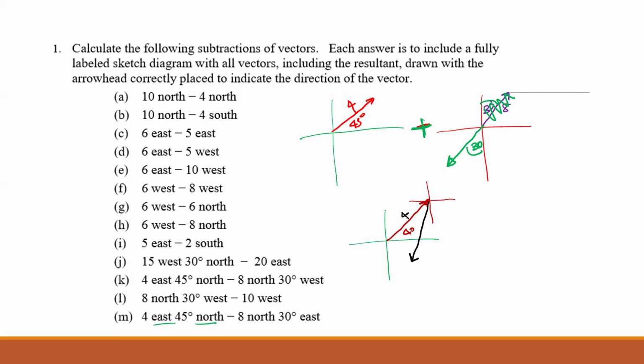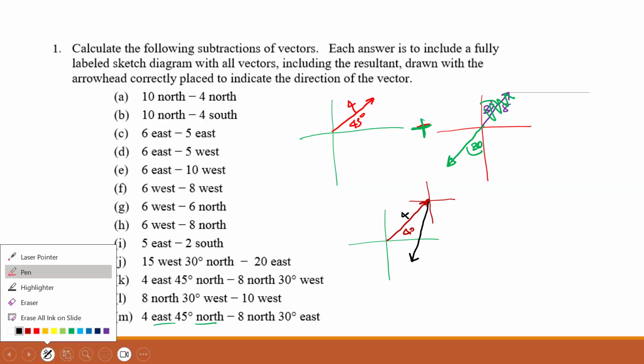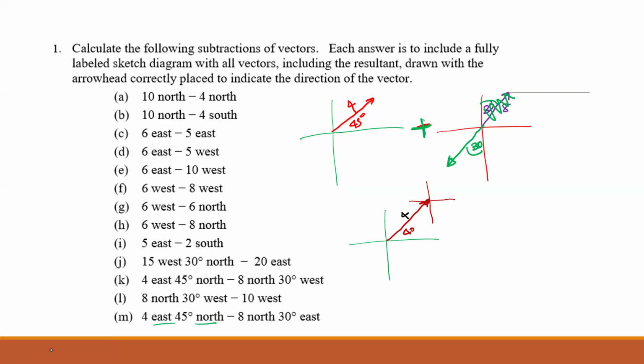This is 4 and this is 8. Maybe I'll make it a little bit longer because it is twice the length. And this angle is 30 and this angle is 40. Does that make sense? So this is your resultant R.